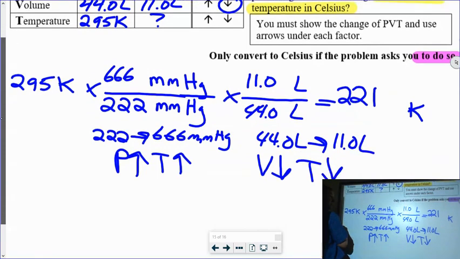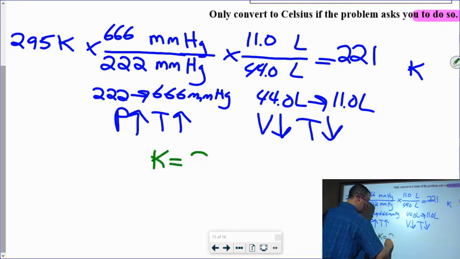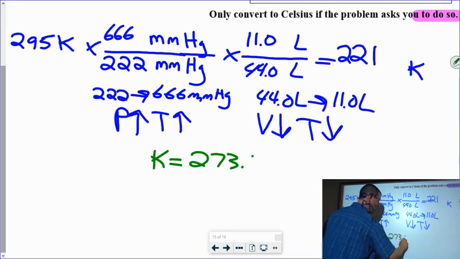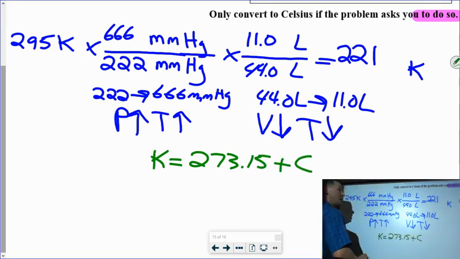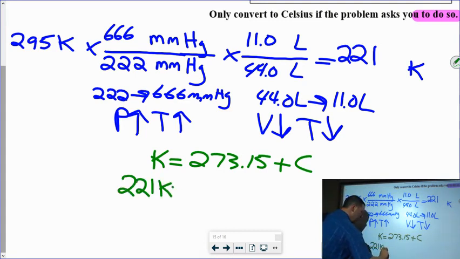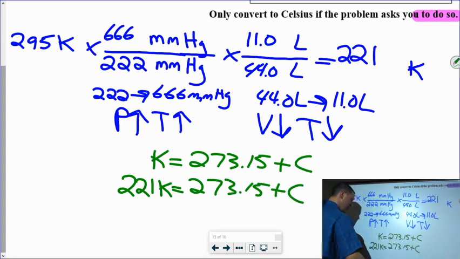But we want our answer in Celsius for this problem. So our Kelvin temperature equals 273.15 plus the Celsius temperature. So we have 221 K equals 273.15 plus the Celsius temperature.